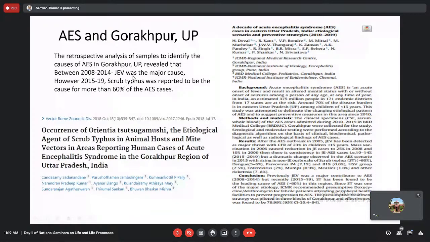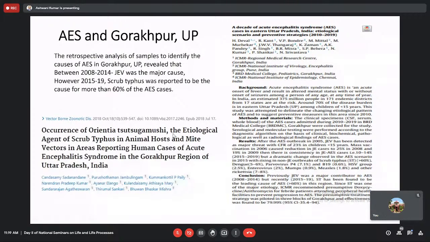Although JE was also prevalent, it was then found that animal hosts, domestic and wild, were crossing over and causing this infection of Orientia tsutsugamushi, which is a rickettsial pathogen, as we know.